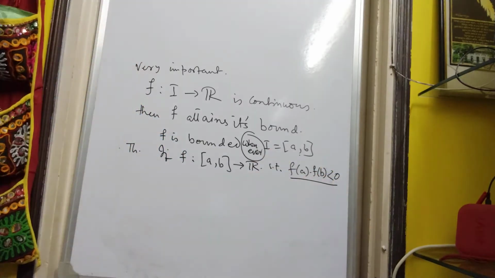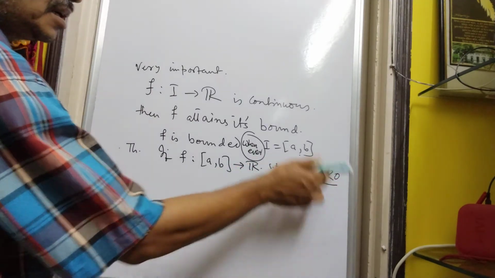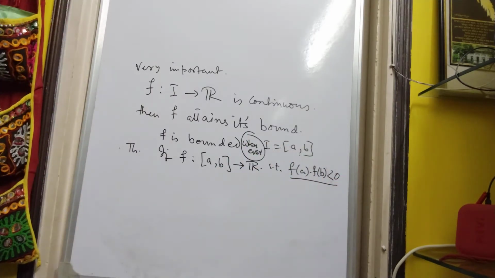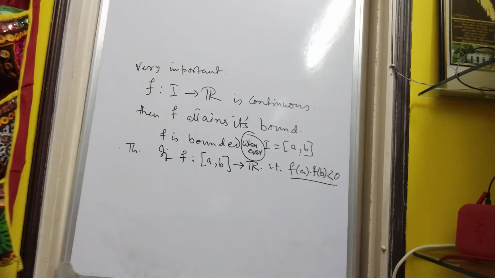This is very vital. If fa is positive, then fb must be negative. Or vice versa, if fa is negative, then fb must be positive.